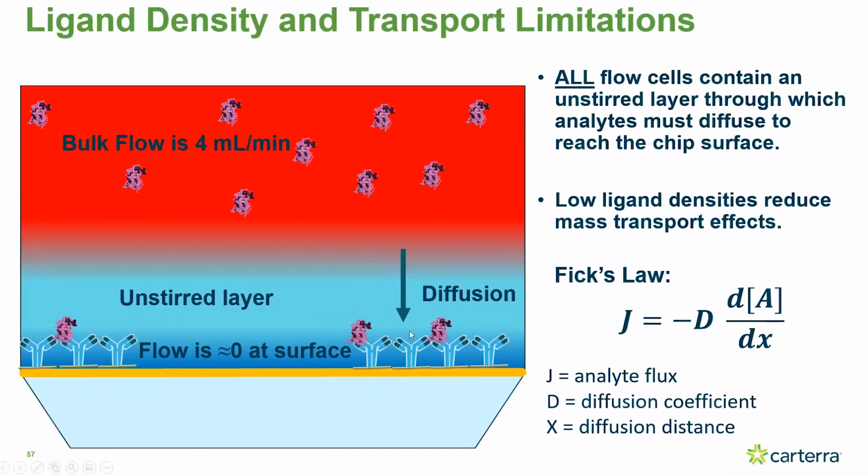This is part of why it's good to do kinetics at relatively low densities, because if you think about it, if there's this mass action of analyte diffusing through this unstirred layer, and you have a low antibody density tethered to your surface, it's unlikely that you're going to be able to deplete that flux of analyte coming from the bulk flow down to the surface. But if you have a high density, especially a high density of a high affinity, fast on-rate antibody, it can grab up all of that antigen that comes through, and you end up measuring the rate of antigen flux rather than the rate of the interaction.